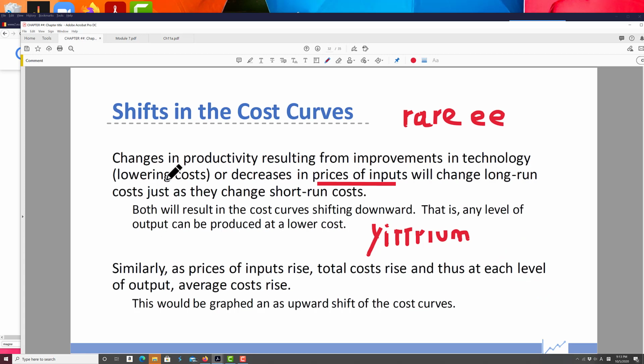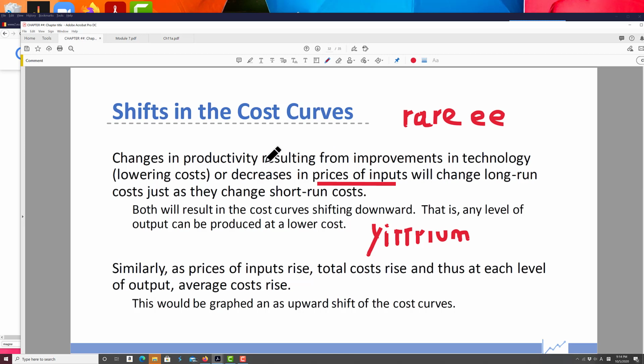So why do these average cost curves shift? Well, there are many reasons. If you develop a new process to produce the same product at lower cost, whatever, long-run average cost is going to shift downward.